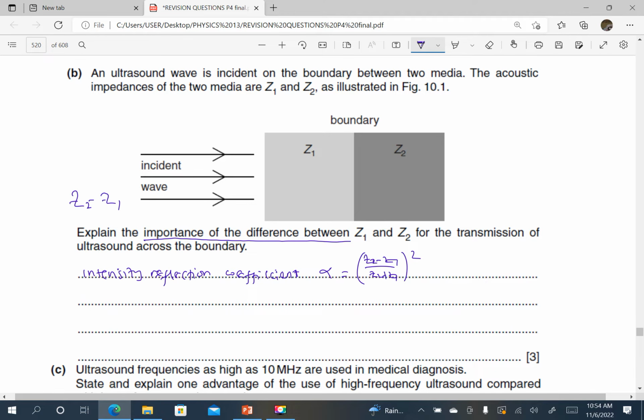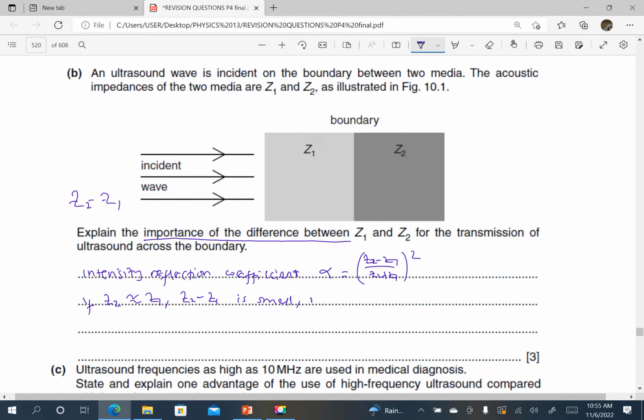Therefore, it is depending on the difference. So if Z2 is very close to Z1, Z2 minus Z1 is very close to 0. So it means Z2 minus Z1 is approximately 0, is very small. Remember, this is intensity reflected at the boundary over intensity incident at the boundary. So if it is very small, it means there is more transmission than reflection.